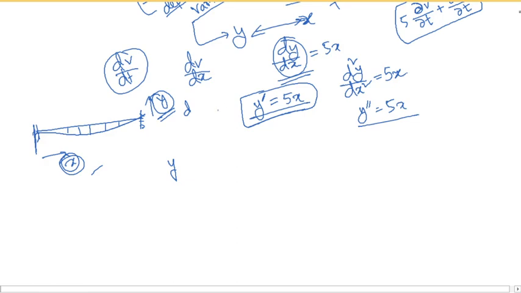So there might be double derivatives, triple derivatives. These higher order derivatives are used for evaluating deflection, shear force or bending moment, or uniformly distributed load, whatever we say. Different things we might evaluate using differential equations.